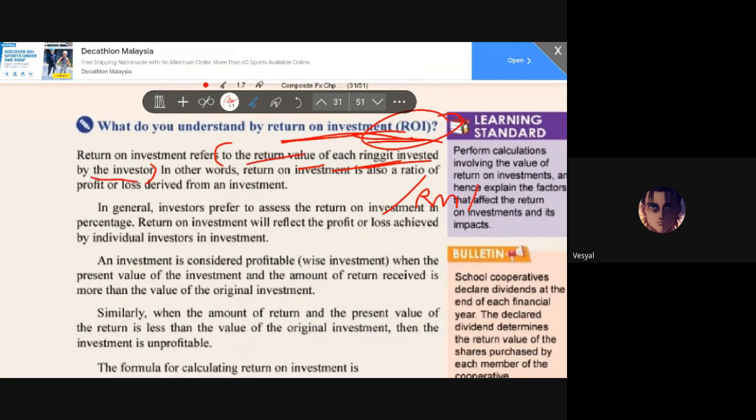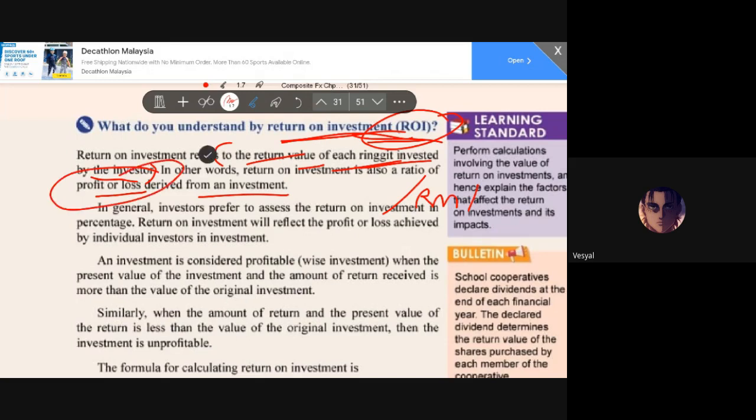So in other words, you can say it's the ratio of profit or loss divided from an investment. So the balance is basically your return on investment because we are going to take the initial value of the house and the capital gain, and you're going to minus each other to find what is your capital gain in the end. So that's why we call it the profit or loss.